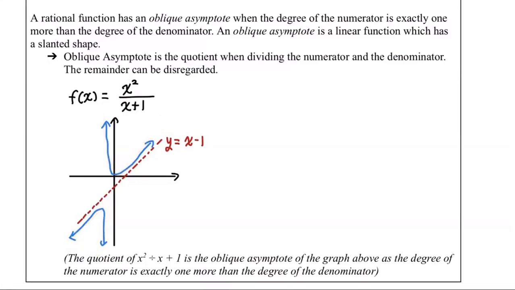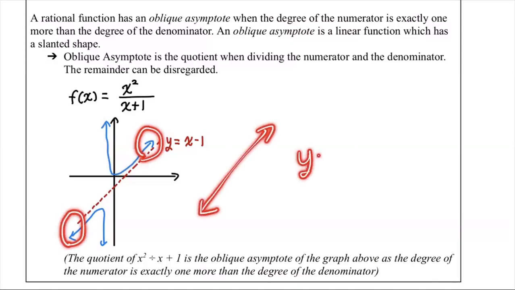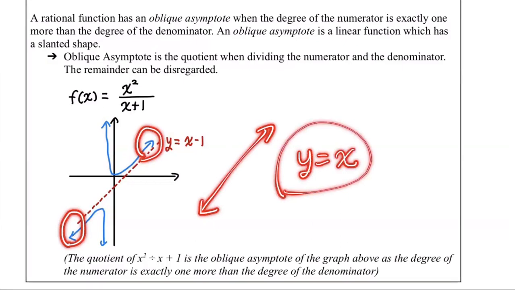But still, if you look at the overall end behavior, the end behavior is essentially the behavior of a graph when the graph approaches positive infinity and negative infinity, right? If you take a look at the end behavior, it's still the shape of y equals x. The reason why is because, as I told you, whenever the degree of the numerator is greater than the denominator, the end behavior is the same as the quotient that we get by dividing the two.